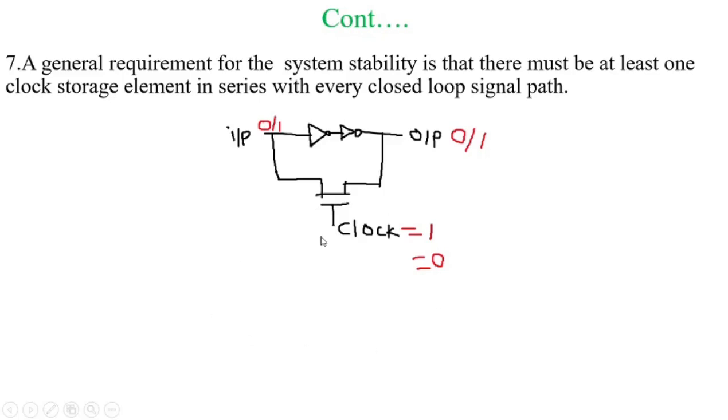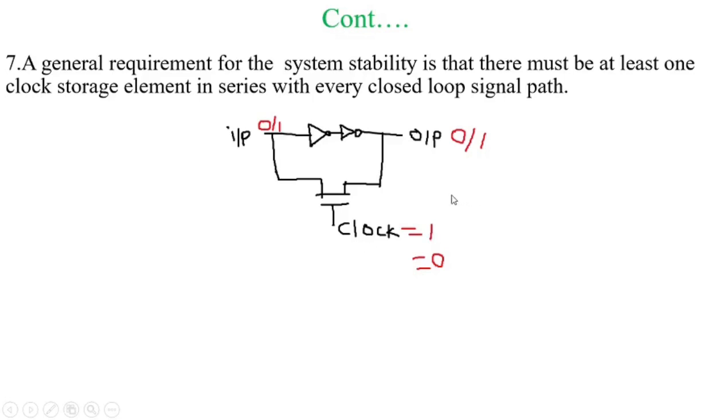Here the earlier stage output is, for example, logic 0, and we apply clock signal equal to 1. When the clock signal is 1, this MOSFET acts as a closed switch. Therefore, this 0 reaches the input side. For example, we apply input 1, and we get output 1 during clock signal equal to 1.